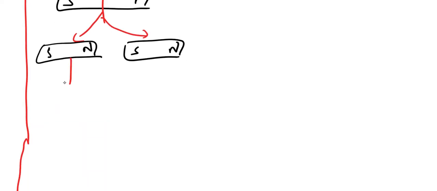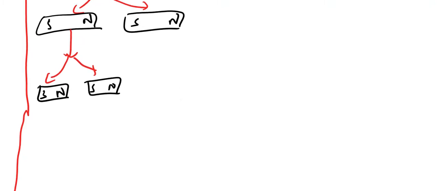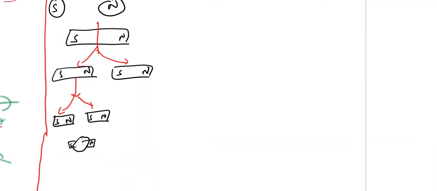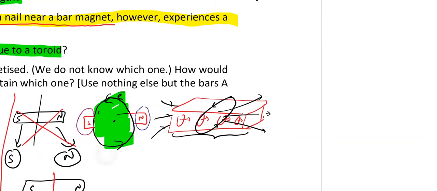You will get still smaller magnets, and that process will continue as long as you keep on dividing. And if you can reach atomic level, you will see that even the atom is also having north-south pole. So magnetic monopole does not exist, and this is the reason behind that.